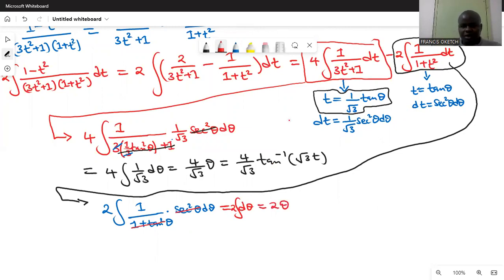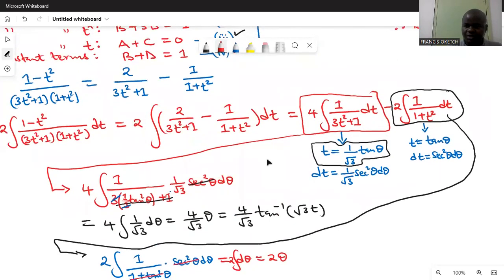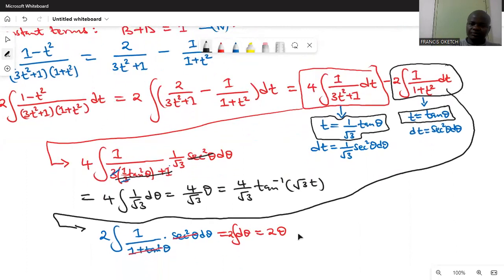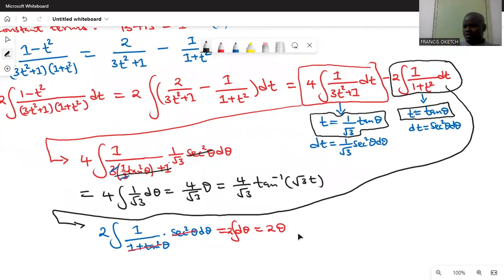And you can make theta the subject in the second integral. Let me just circle where we made the substitution. If you make theta the subject here, it will be tan inverse of t. So theta is tan inverse of t. So this thing here can now be written as 2 tan inverse of t.